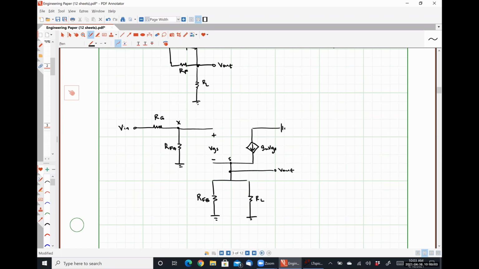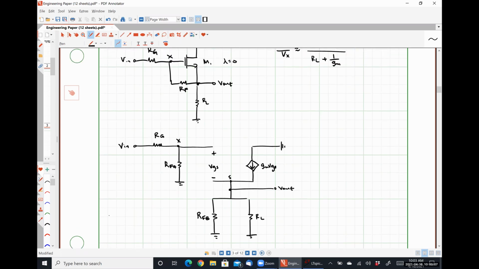So let's start with a simple question. Did I split my feedback resistor up correctly? Do I have one resistance between node X and ground and the other resistance between node out and ground? Yeah, okay, so that's done correctly.